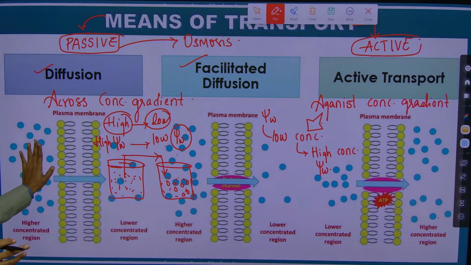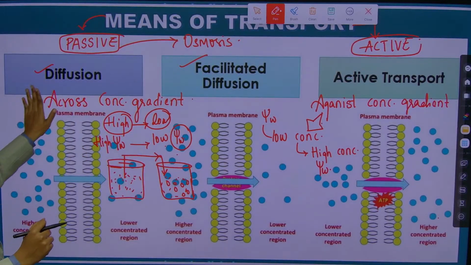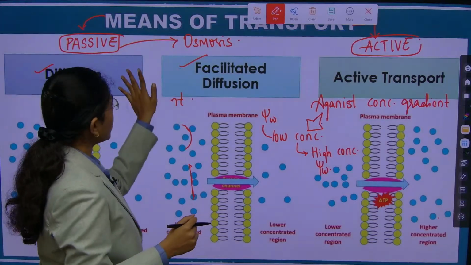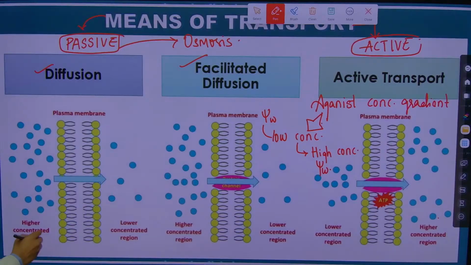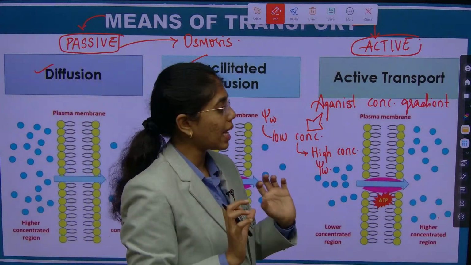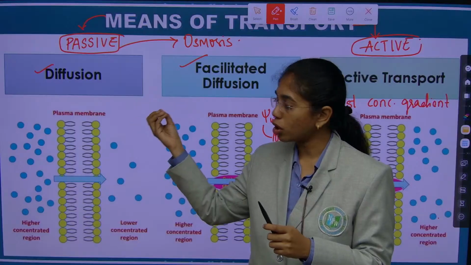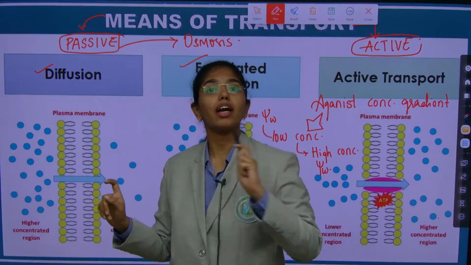Now we will look at diffusion, facilitated diffusion and active transport here itself. In diffusion, if you observe clearly, diffusion takes place for both gaseous molecules and liquid molecules. For example, if I spray some scented gas here, this gas will be transported all across the room.